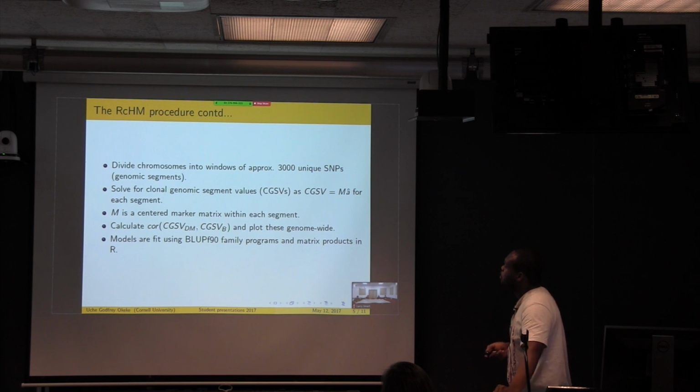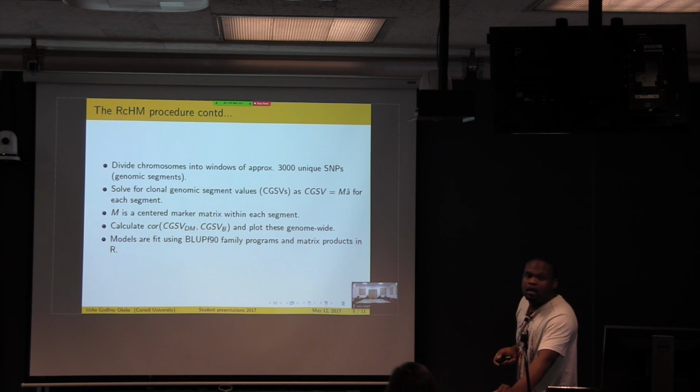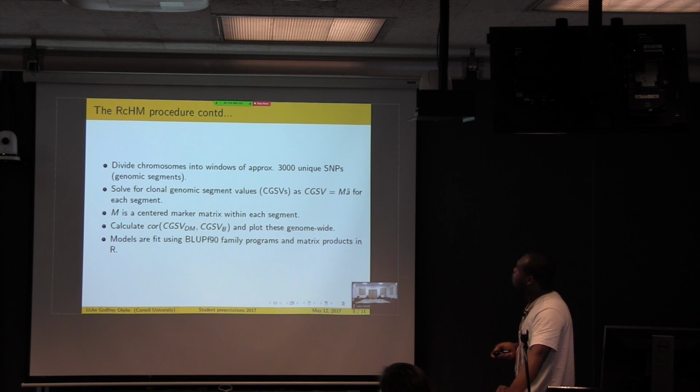We term these genomic segments, and when we have binned them, of course, at the tail end of the chromosome some of them are less than 3,000. So after binning them, we solve for clonal genomic segment values, and we estimate this by multiplying the marker matrix again with the SNP effect that was calculated prior.